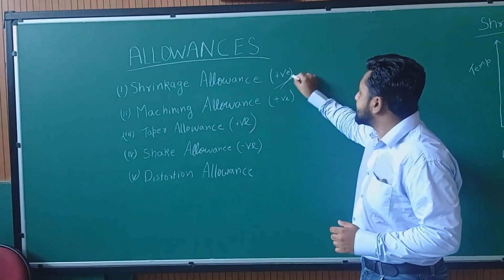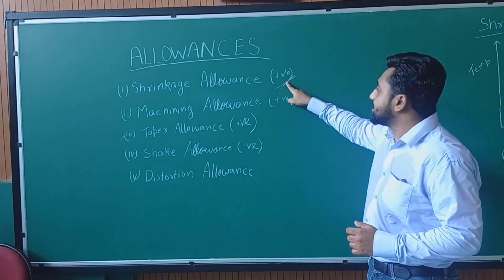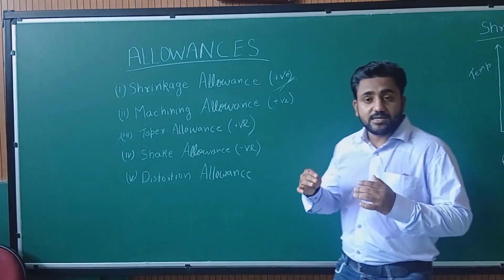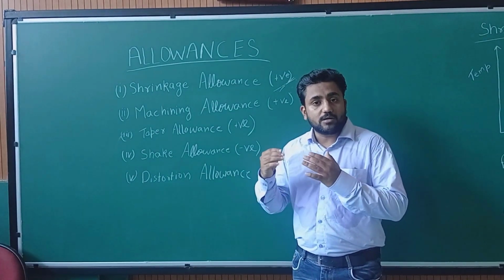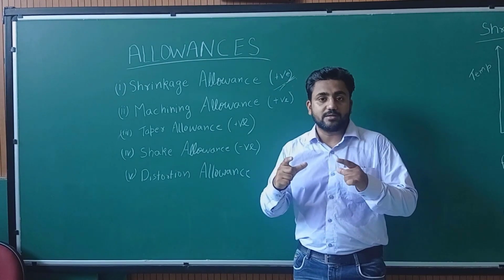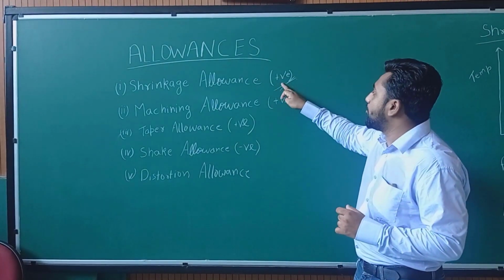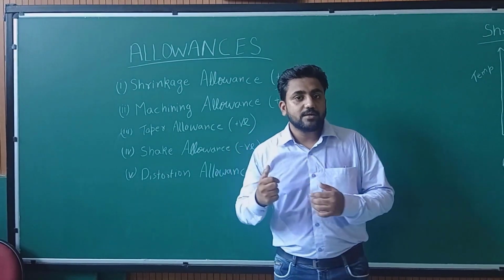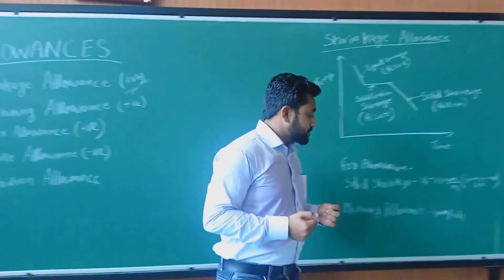I have written positive here, which means that this allowance is positive: in order to get the desired dimension of our product, we have to make our pattern bigger. So we will understand more deeply about the shrinkage allowance next.